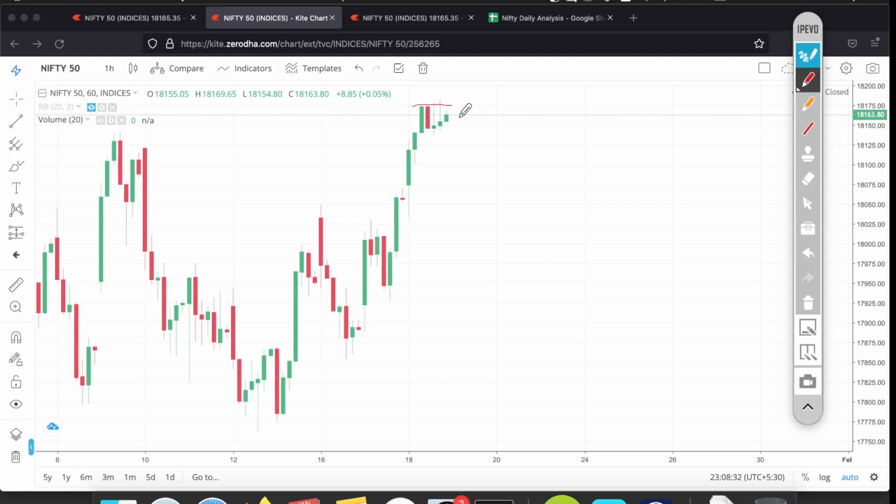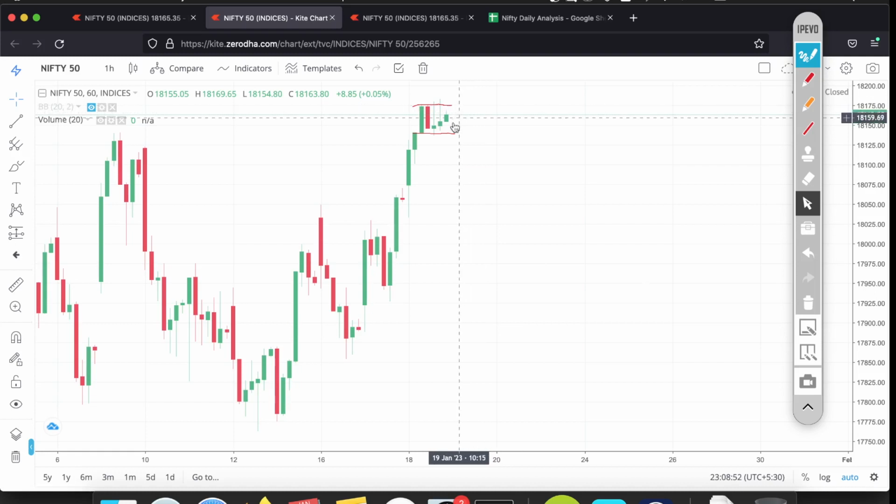or yeah, 4 hours. Price has been playing between these two levels, about 18,140 and 18,175 for almost 4 hours. That was a heavy consolidation.